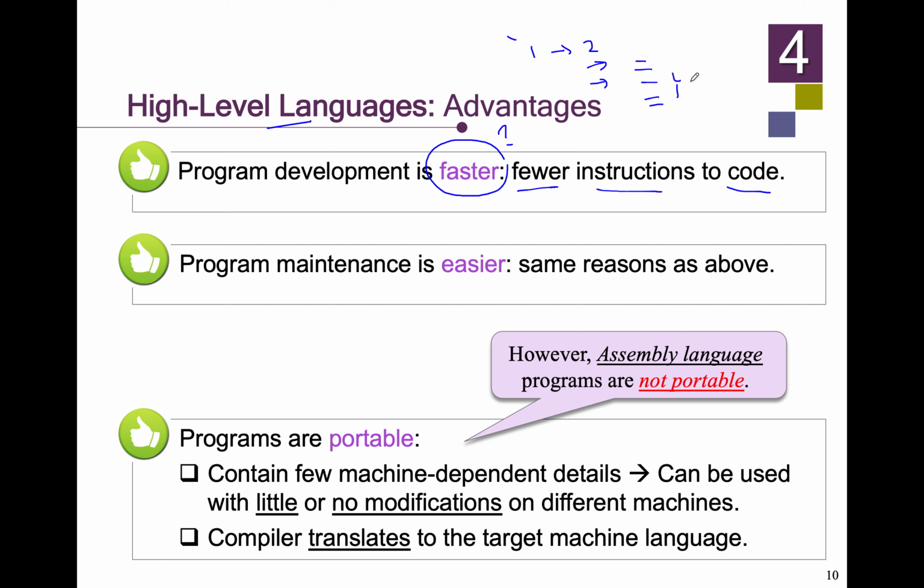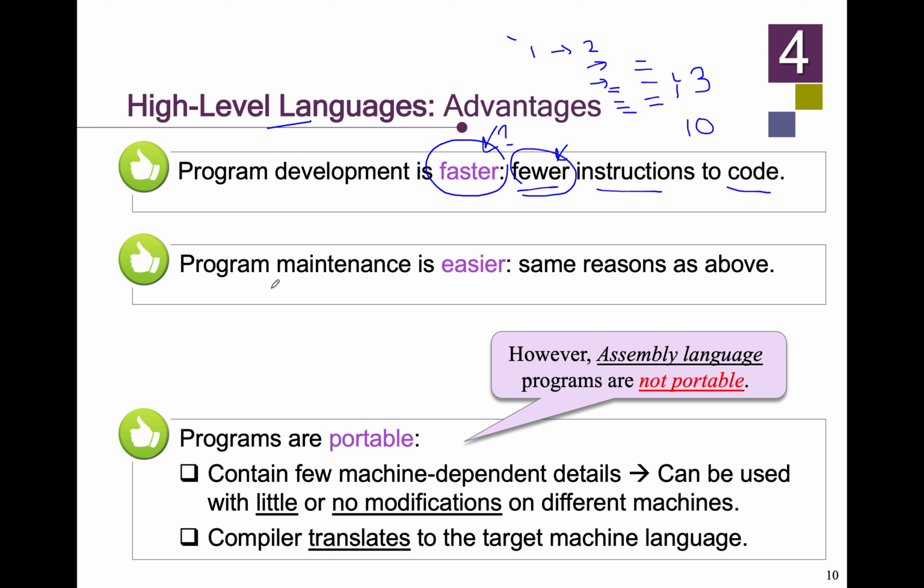So it's just a few, let's say 3 lines. But if you use assembly for a similar program, you're going to occupy, let's say, 10 lines. So take note that it is fewer instructions. If you have fewer instructions, of course it's going to be faster, because your computer will read line by line. So when you have 3 lines, of course it's going to be finished ASAP rather than if you have 10 lines.